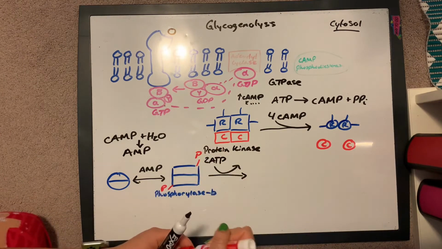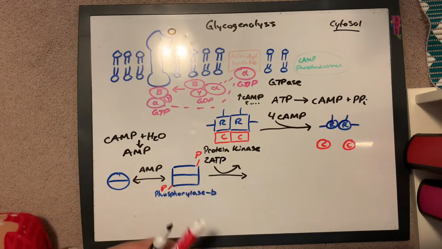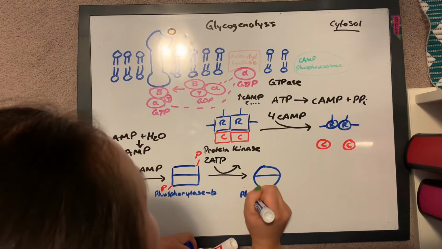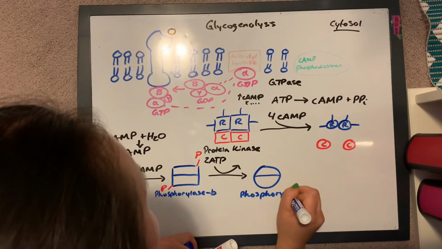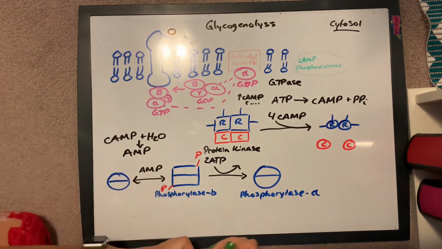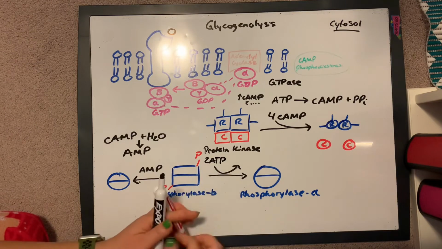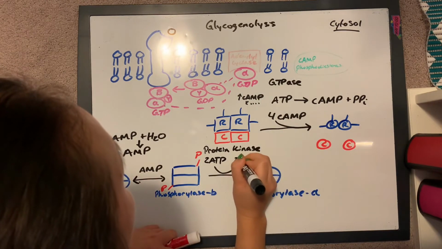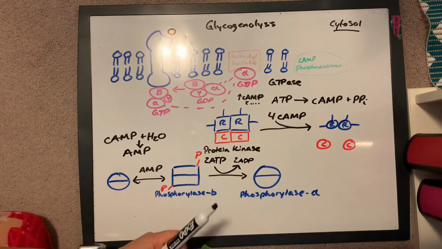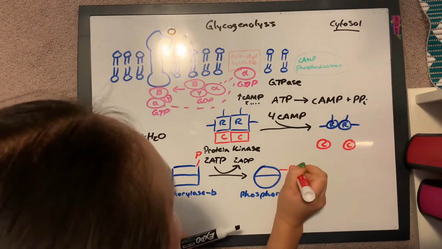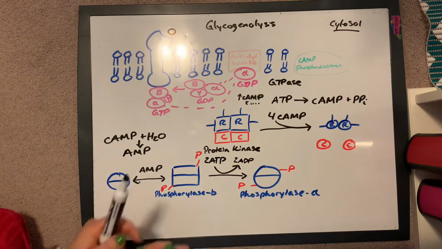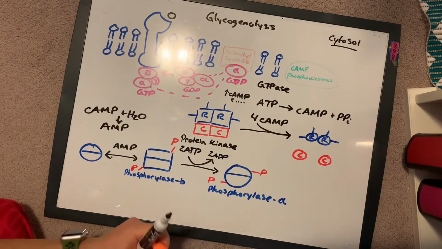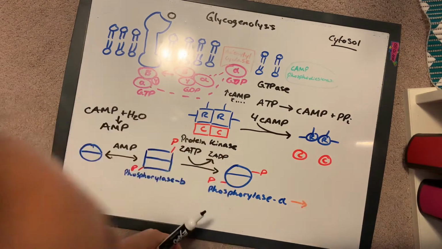Then it will give us our active form, phosphorylase A. We needed to use 2 ATPs, so we could add 2 phosphates, and we're left with 2 ADP, and then our phosphorylase A will be in the active form, having those phosphates on there. And then phosphorylase A is actually going to be the enzyme that goes into the reaction.